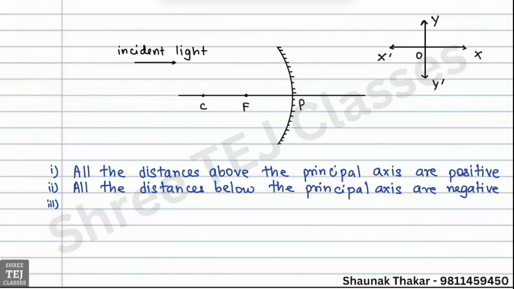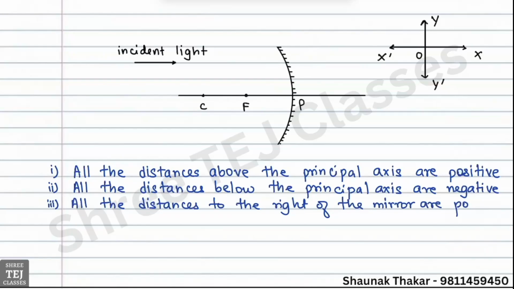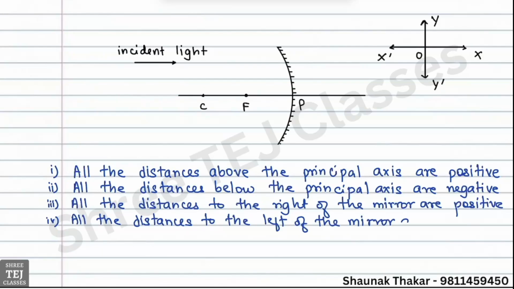So all the distances to the right of the mirror are positive, and the corresponding statement will be all the distances to the left of the mirror are negative.